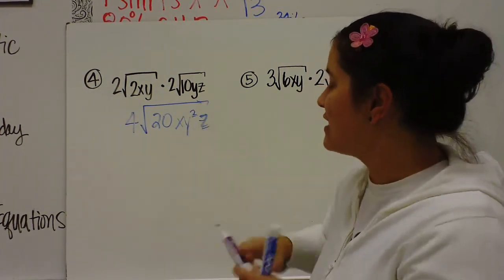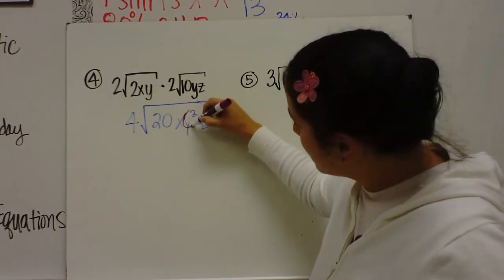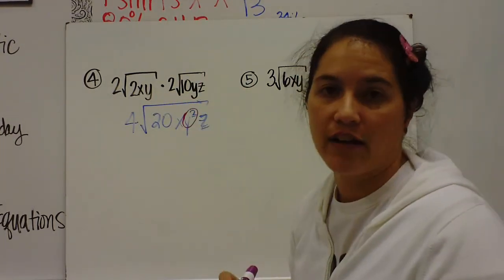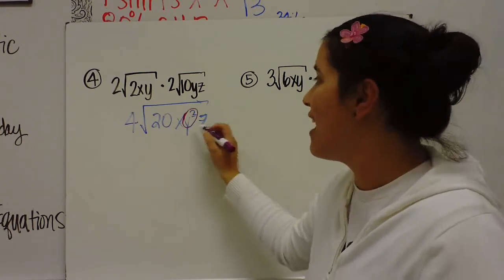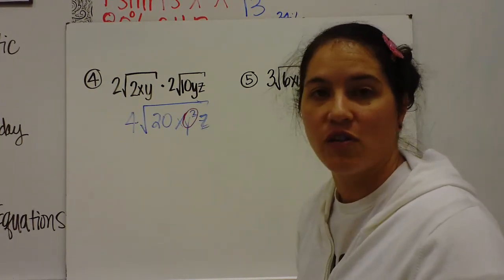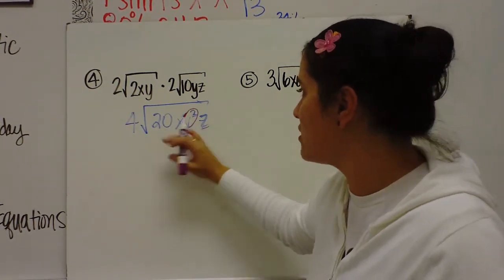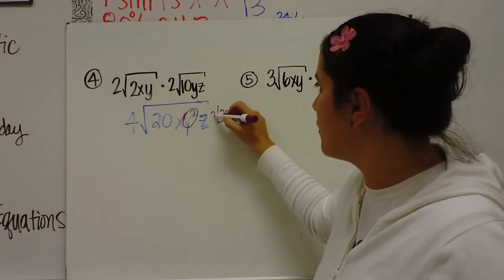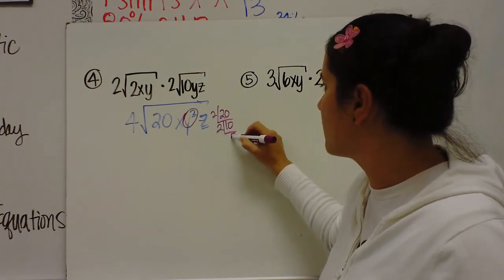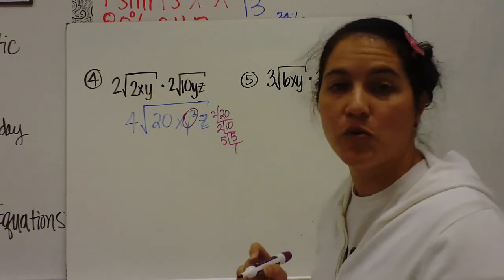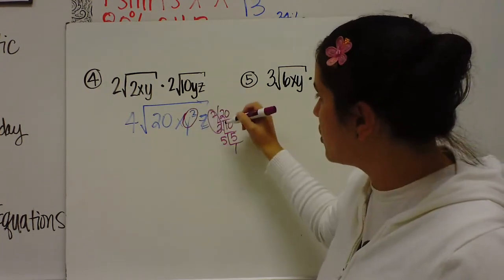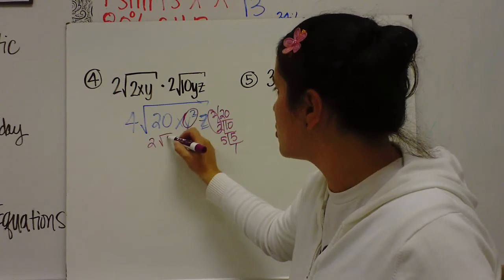When I look at it, I can see that my y is going to come out of the radical because there's y squared. My x and my z must stay underneath because there's only one of those. There's one x and one z. But now let's look at 20. I need to simplify 20 to take 20 out. I have a pair of 2s. So 20 is the same thing as 2 root 5.